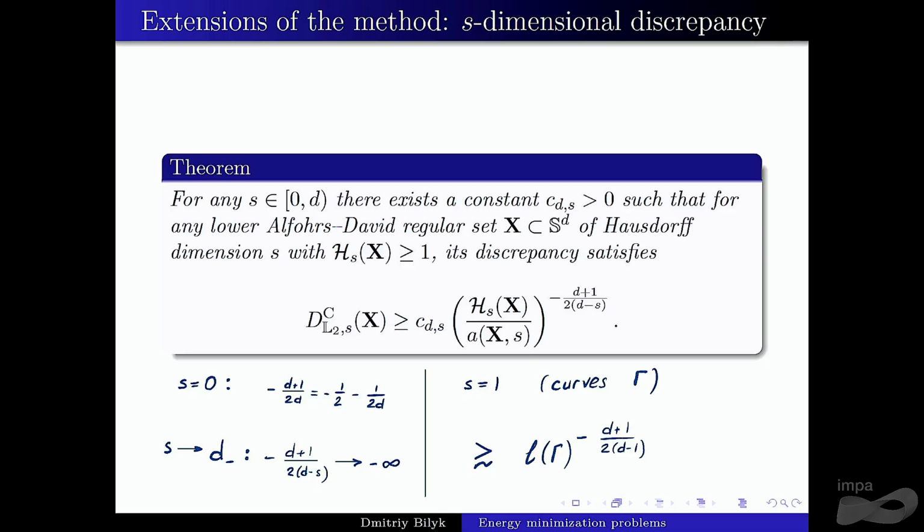And then you get this lower bound on the spherical cap discrepancy with respect to lines instead of points. L is the length of the curve, and this is the power that you get. Again, it would be very interesting to see whether this is actually sharp. We don't know yet, but we suspect that yes.